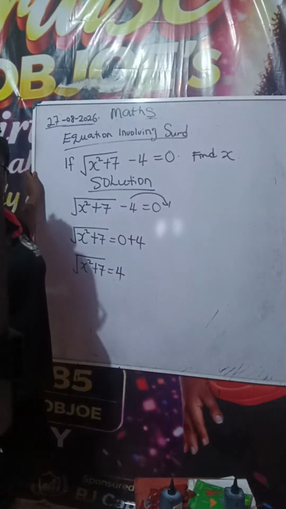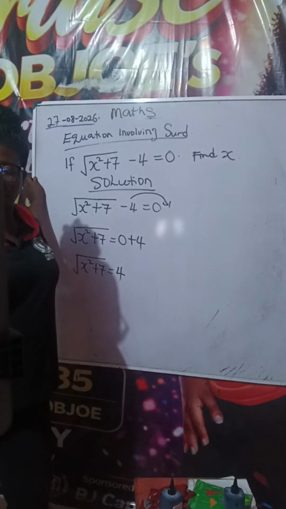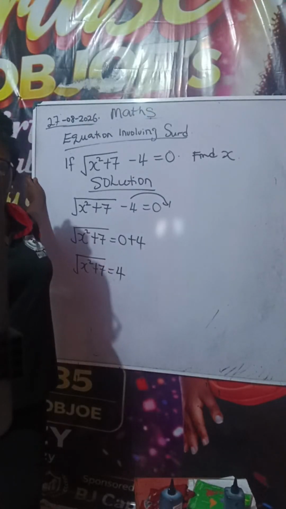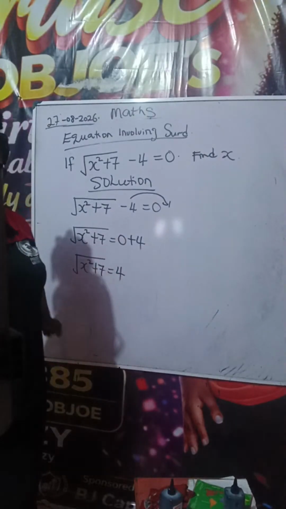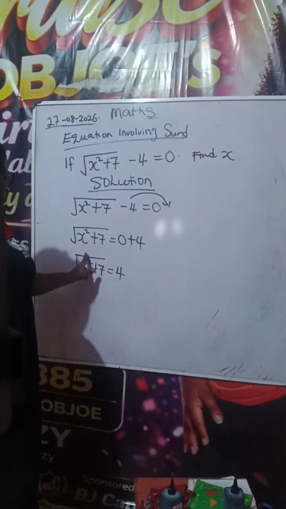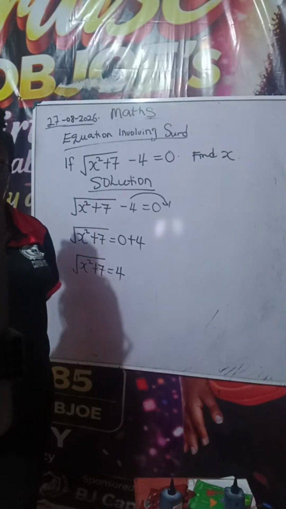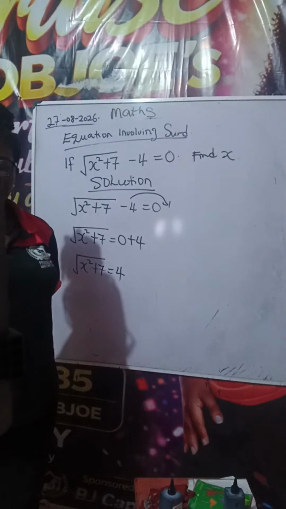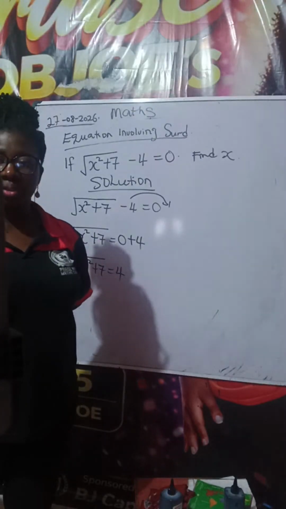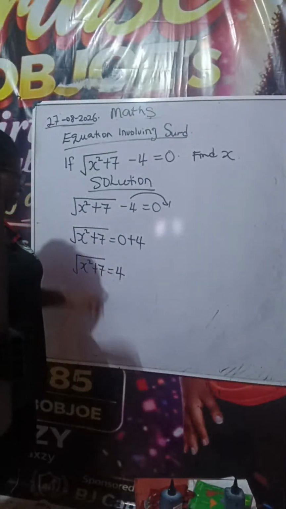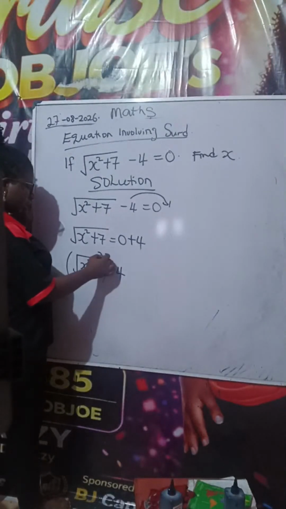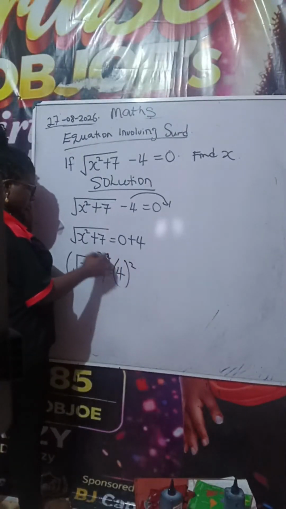Then what next again? Now, the next thing to do is, look at it, I want to remove this sign of the root. So how do we remove it? We square both sides. Square here, square here. This removes the root.